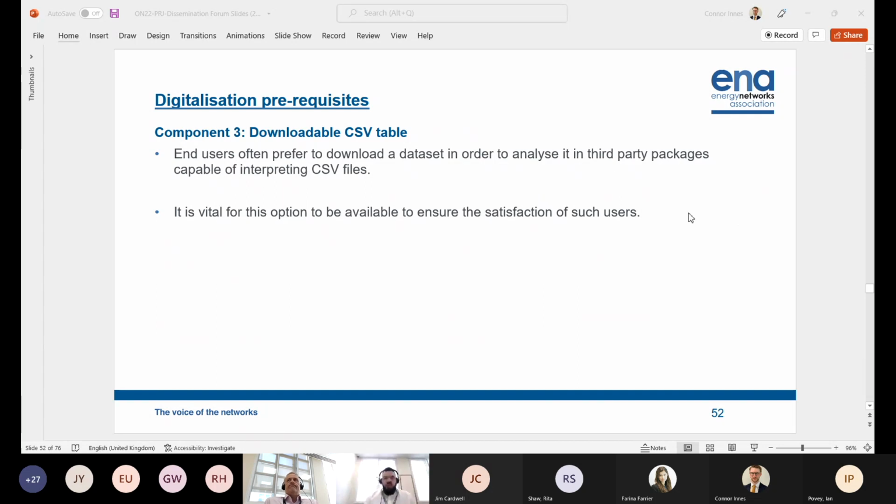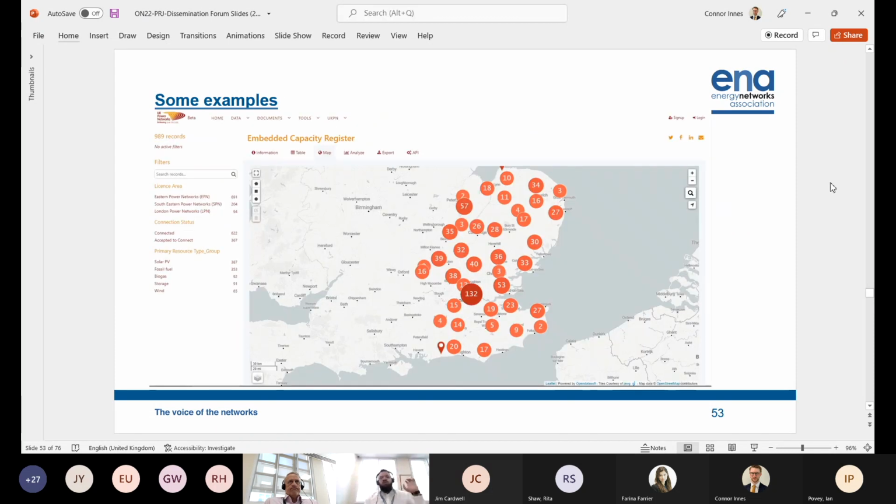Now, for the rest of these slides, if we can go to the next one, I have just included a few screenshots, because usually the picture is just an easier way of showing you an example. And like Steve said, a few of the DNOs have already taken a number of steps towards digitalizing the ECR.